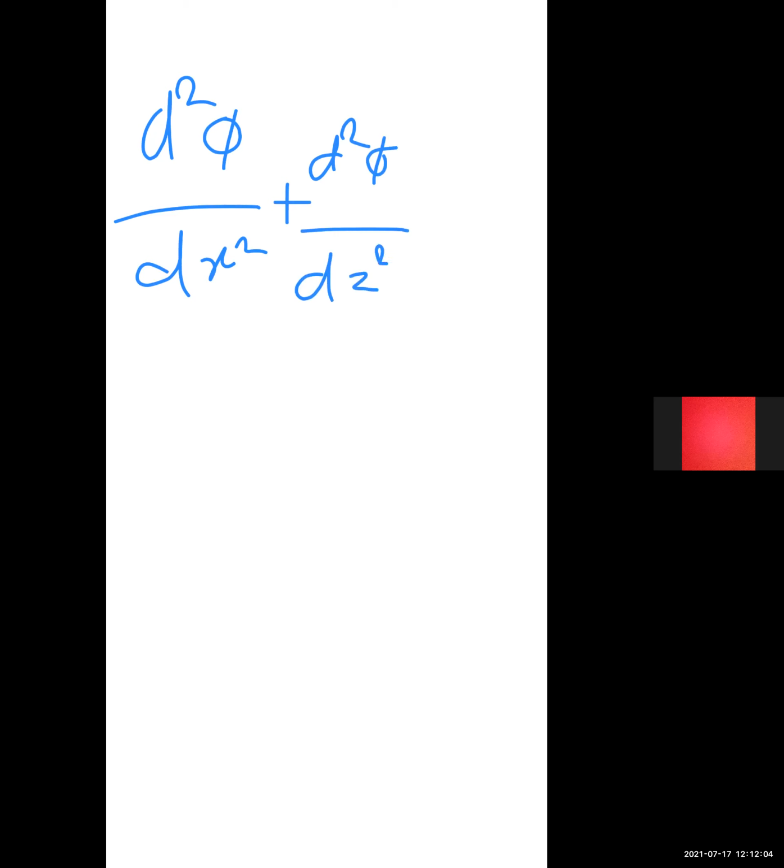It is del square phi by del x square plus del square phi by del z square equal to 0, where phi is the flow potential, and flow potential equals kH, where k is the coefficient of permeability of the soil, defined by Darcy's law, and H is the residual head at any point within the soil.